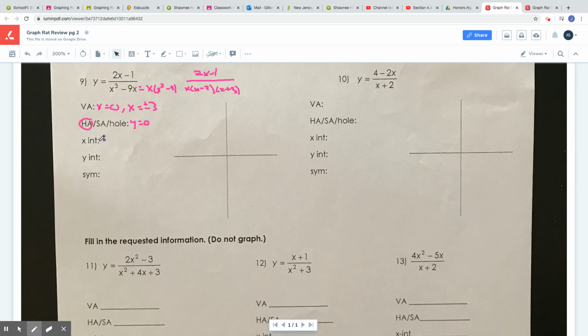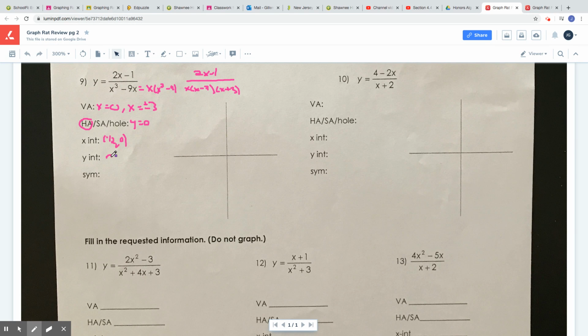X-intercept, we are going to set the top equal to 0. When I do that, 2x minus 1, set that equal to 0, and I get 1/2, 0. The y-intercept, if I plug 0 in for x, I get 0 on the bottom. 0 times anything is 0, it doesn't matter what comes after.